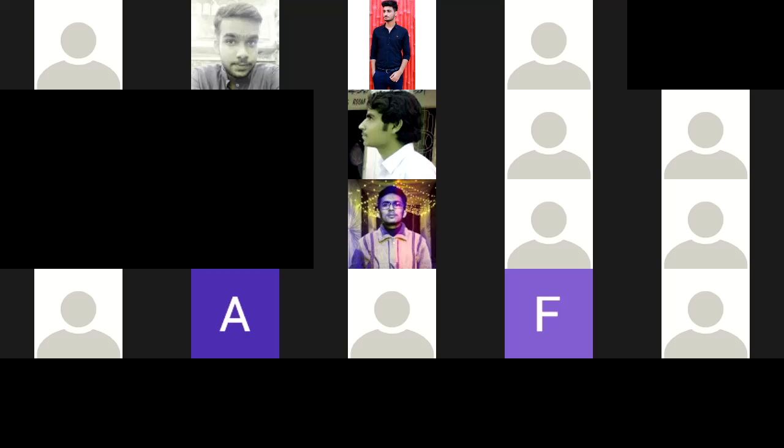For asymmetric, we have the RSA. This RSA algorithm was introduced by Rivest, Shamir, and Adleman, these three researchers. It is an encryption and decryption cryptographic algorithm.